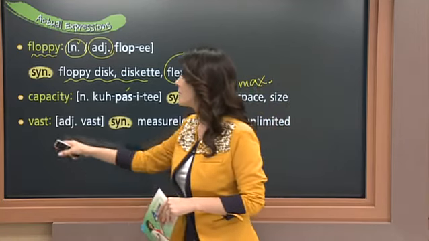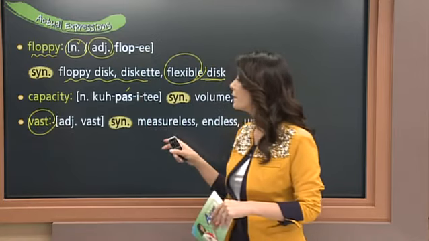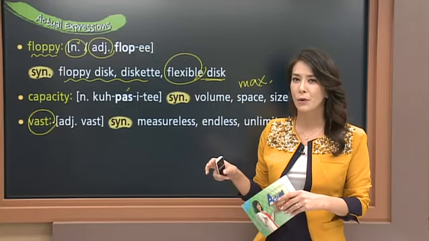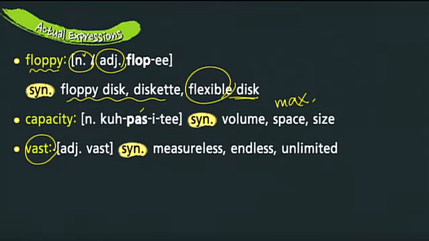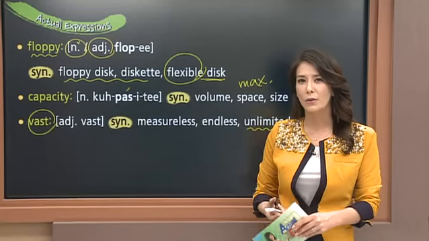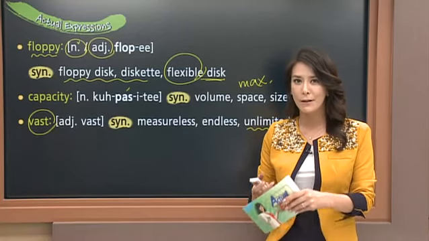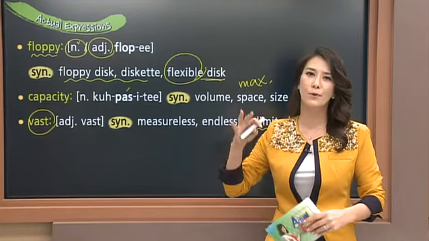And then vast means just very extreme or very great, to a great extent, for example. Some synonyms are measureless, endless, or even unlimited. It's a great number, a great amount, a great size, a great degree, for example. It means super, super great.